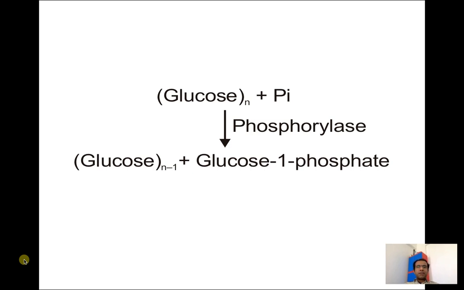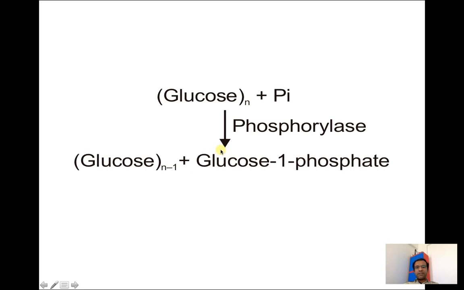So here is a summary of the overall reaction. In glycogen, there will be millions of glucose molecules which are attached either in the chain form or in the branch form. First, all of them will be phosphorylated, and from the free end of the glycogen, one glucose molecule will be released in the form of glucose 1-phosphate.